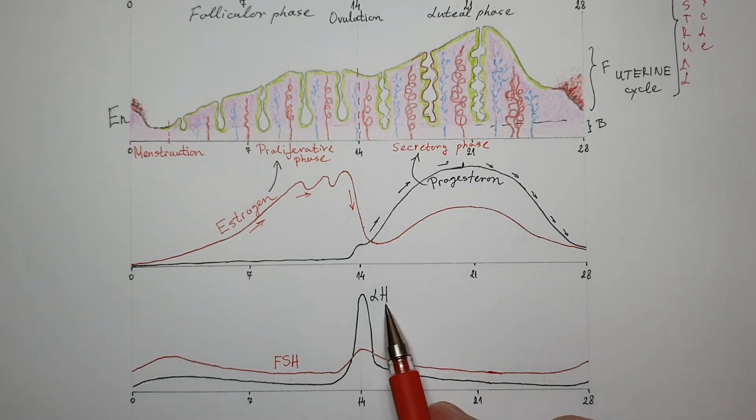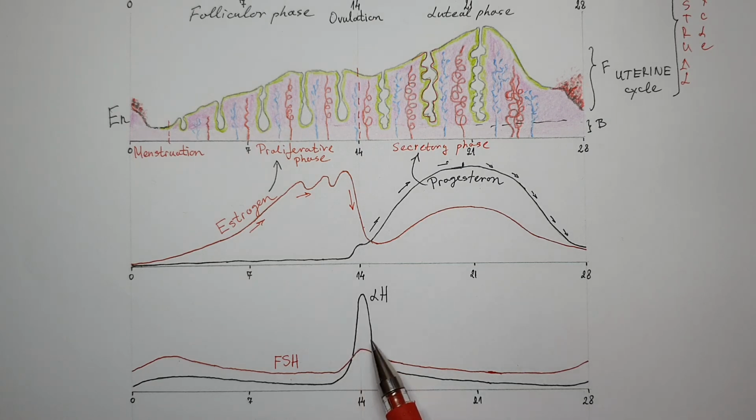When we look at luteinizing hormone, it is low in the first part of the cycle, or it is secreted at some concentration. But the main thing is the spike in luteinizing hormone. People are not sure why this spike is happening and how it is regulated.